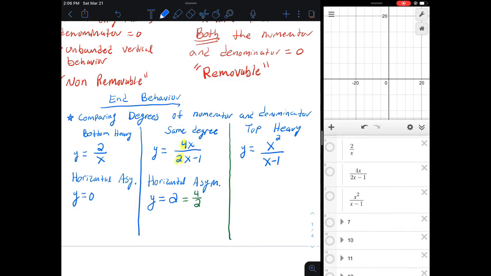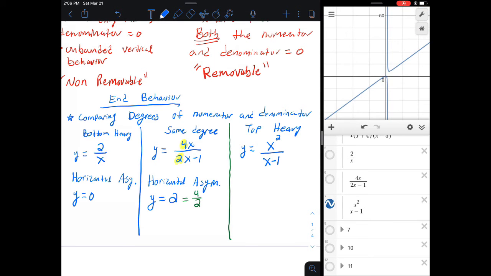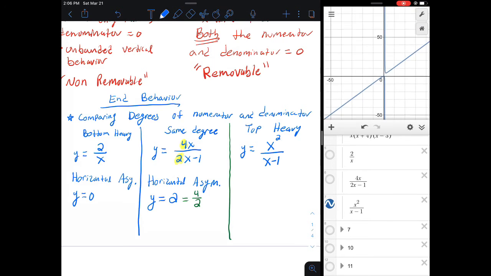So x squared divided by x minus 1, and I look and I say, well, what are the ends of the graph doing? Well, it looks like it's going along a diagonal line, so it does not have a horizontal asymptote. No horizontal asymptote.